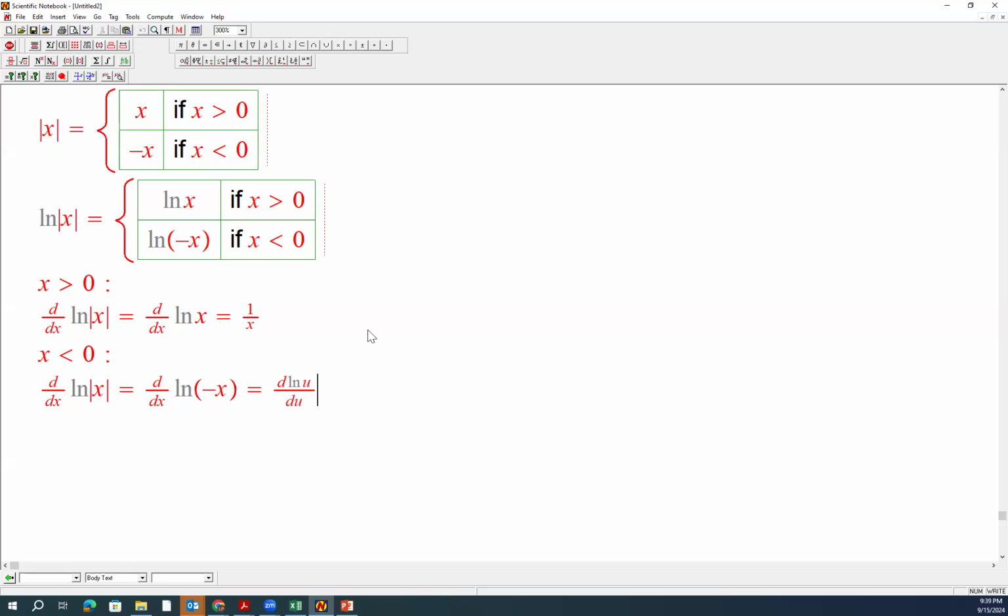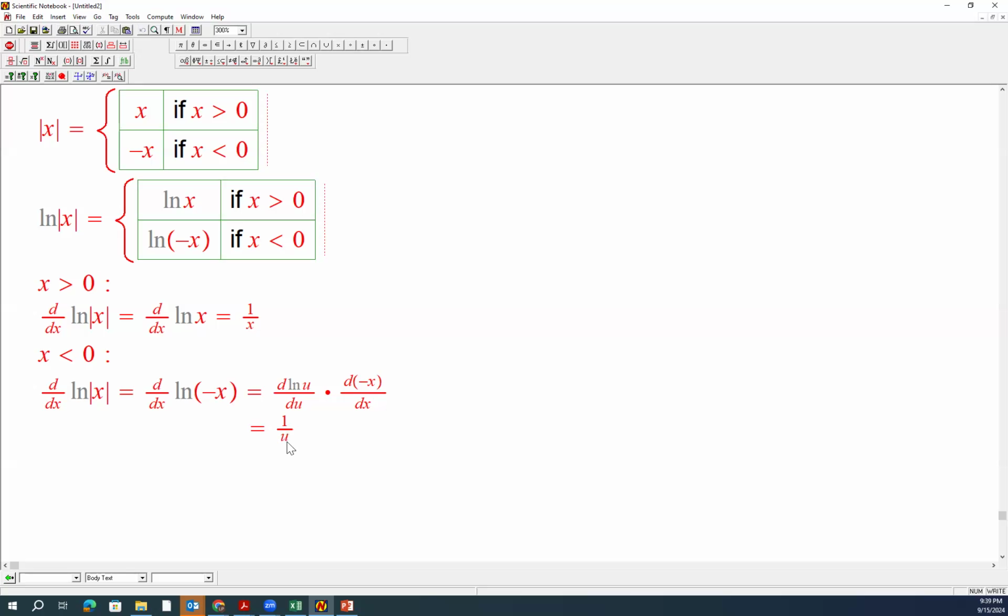The derivative of ln u is 1 over u, times the derivative of negative x with respect to x.